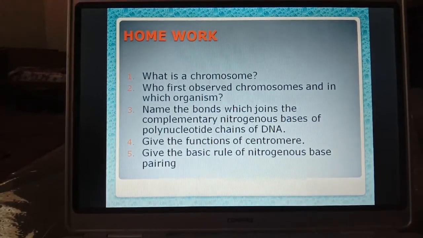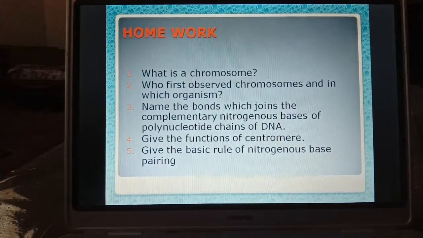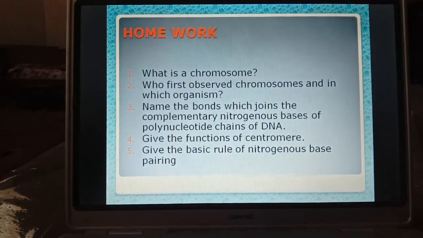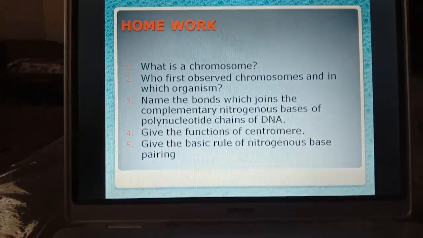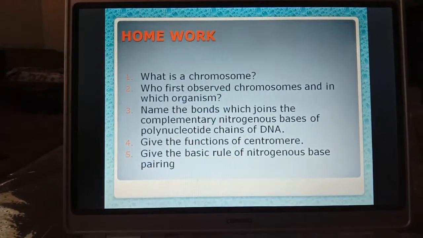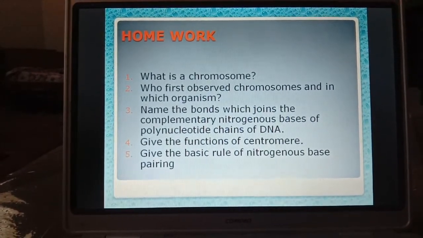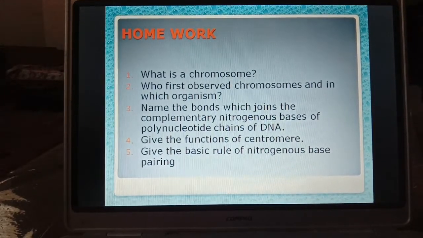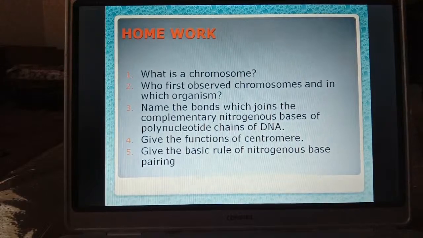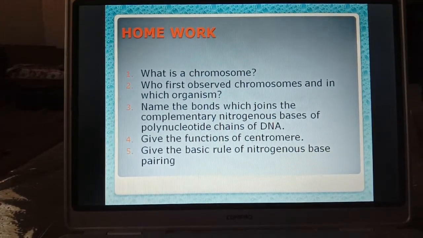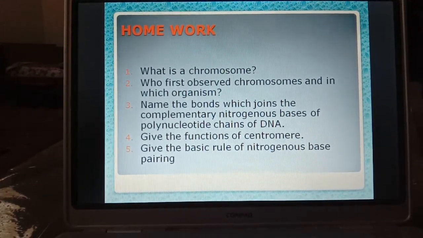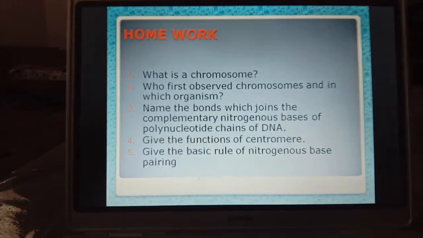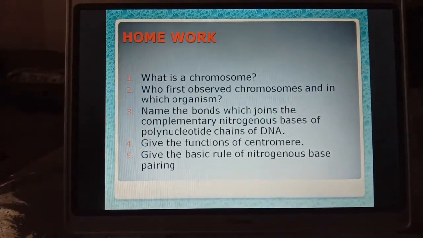Fourth question, give the functions of centromere. That means you have to enumerate the functions of centromere. Fifth, give the basic rule of nitrogenous base pairing. There are certain rules that nitrogenous bases have to follow, that you have to write down. So these are the 5 questions.